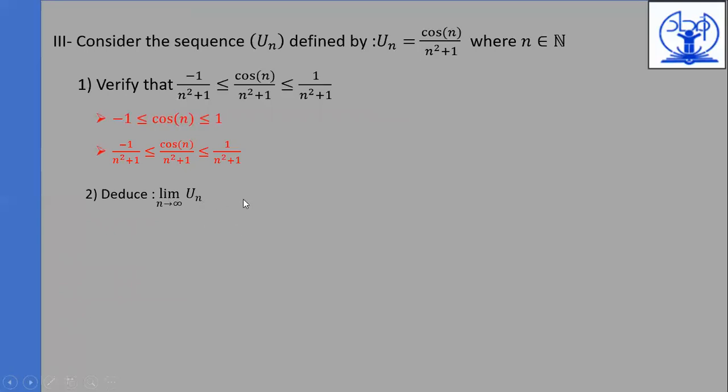Actually, if we wanted to find the limit of this sequence directly, you will face cosine infinity. What is the limit of cosine n as n tends to infinity? By the way, this limit does not exist. Whenever the angle tends to infinity, cosine of the angle or sine of the angle or tangent of the angle will not approach a real number.